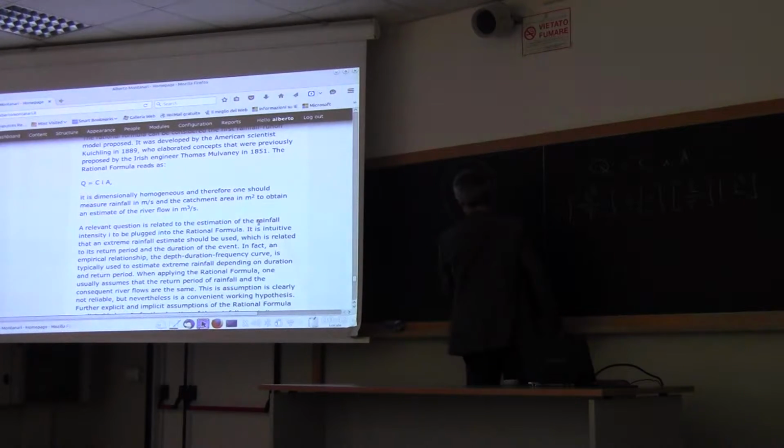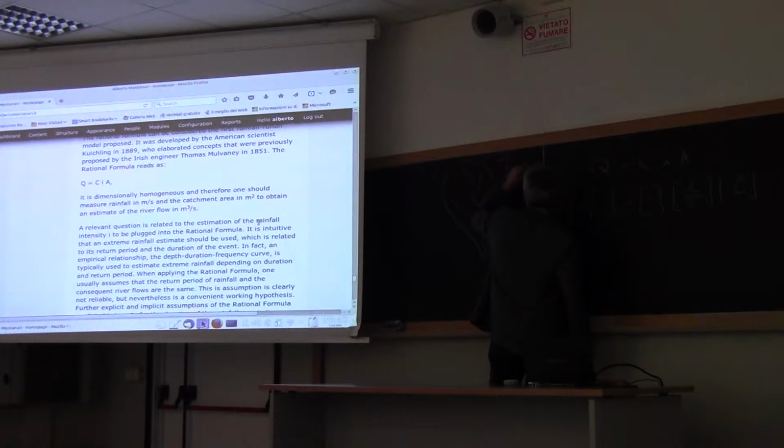So let's take a catchment with a river, and let's suppose that the concentration time, Tc, is 3 days, like the Po River. Okay? So let's suppose that you get this rainfall which lasts 1 minute over the whole area. What happens?